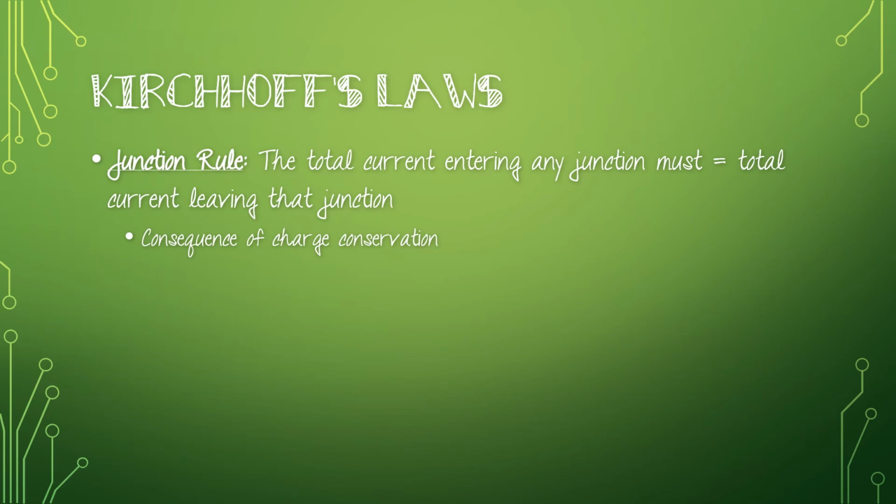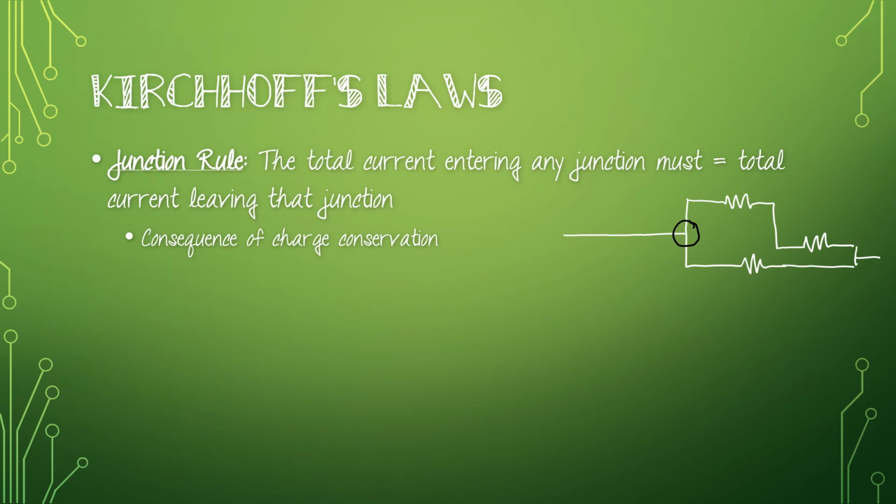So if I have a circuit where there is a wire and then there might be a split up, I might have something like this, and perhaps I have some resistors. We'll have something that looks like that. Let's say this right here would be a junction. A junction is defined as a place where two wires come together.